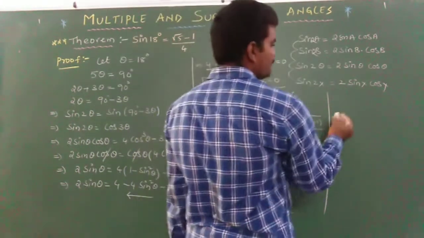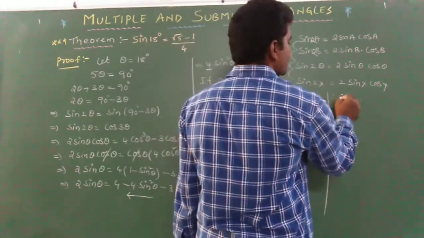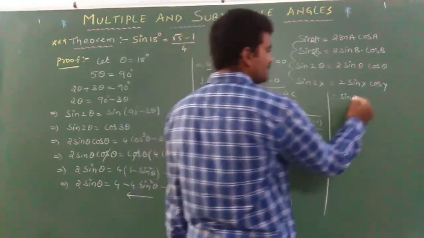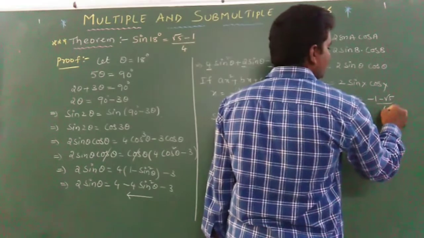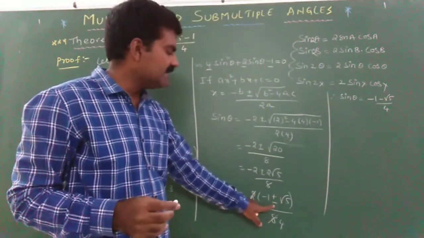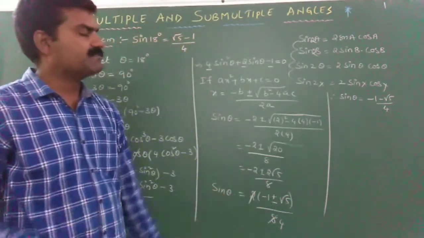Therefore, observe this point everybody. What we got actually, sin theta is equals to, first value is minus 1 minus root 5 by 4, isn't it? Plus or minus, now we have. So if you take the minus condition, first of all, minus 1 minus root 5 by 4.